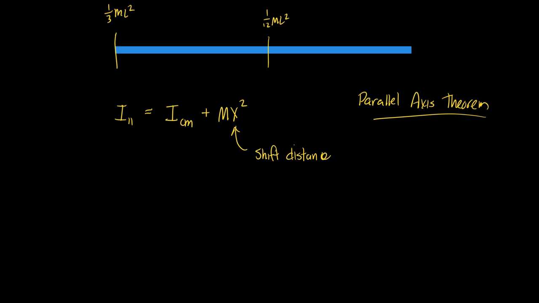Now understand, this is the parallel axis theorem. You can't convert to a perpendicular axis using this, but you can convert to a parallel axis. Just walk with me here.